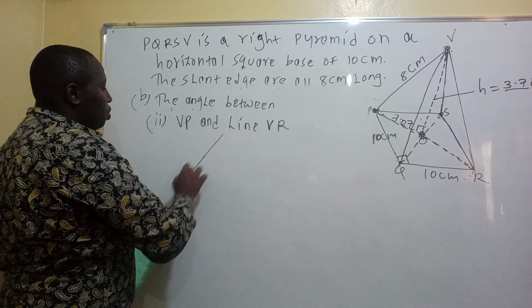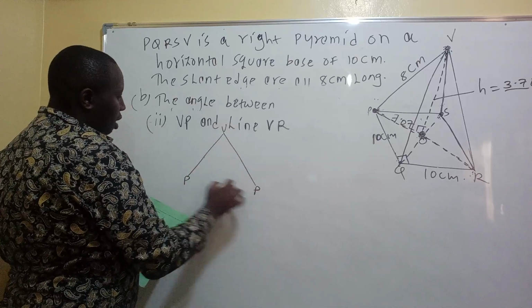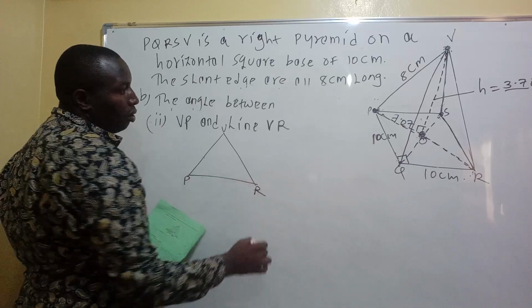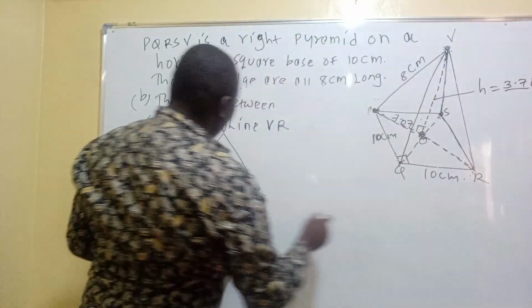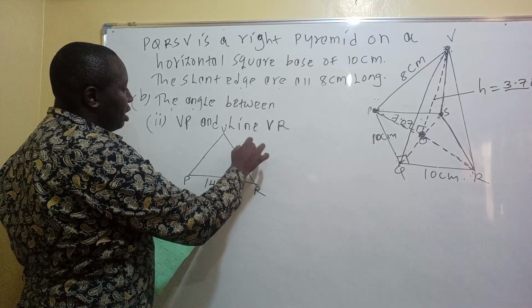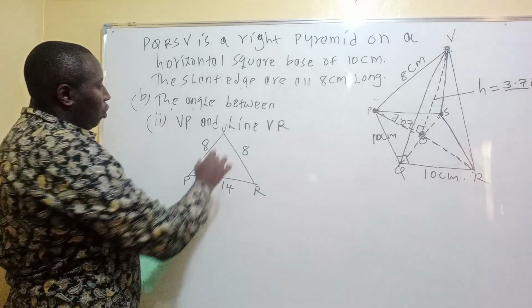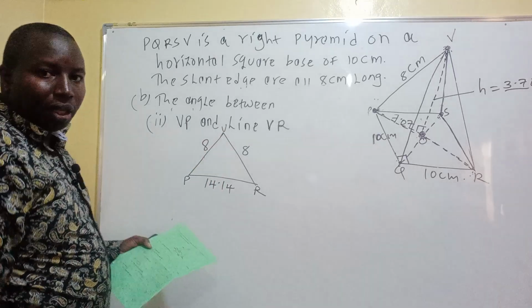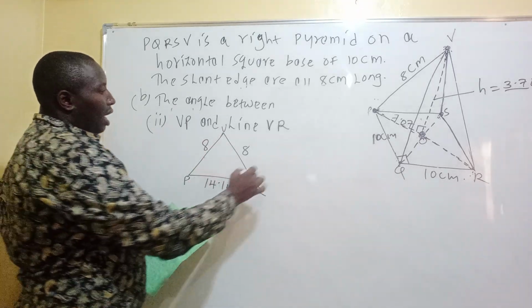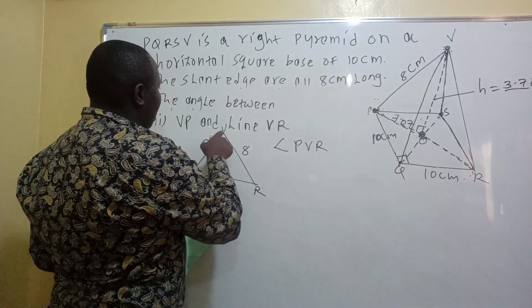So therefore, you draw this. This is V, P, and R, where PR is a diagonal. The diagonal was 14.14, and the slant edges are 8. So when you want this angle, the angle required is PVR, because it is between VP and VR.